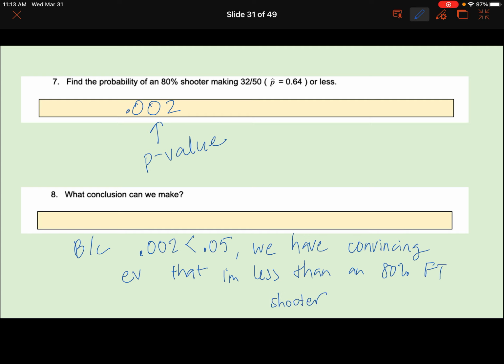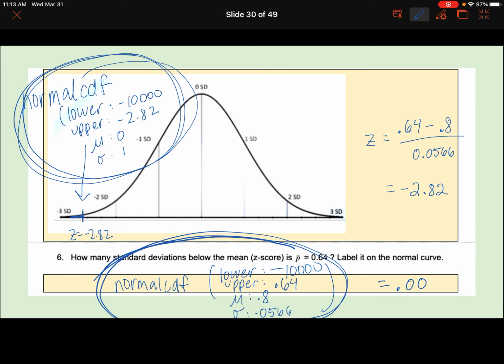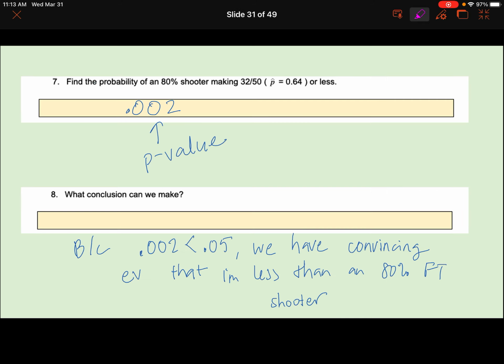The probability of me getting my 32 out of 50, if I was actually an 80% shooter, is so tiny. It's just this little tiny piece down here. While it's still possible that I'm an 80% shooter and just randomly had an off day, the chance of that happening is so small that we can say we have convincing evidence that I'm less than an 80% shooter.